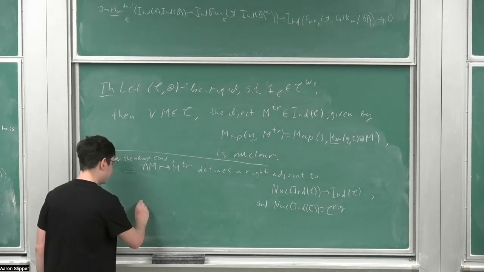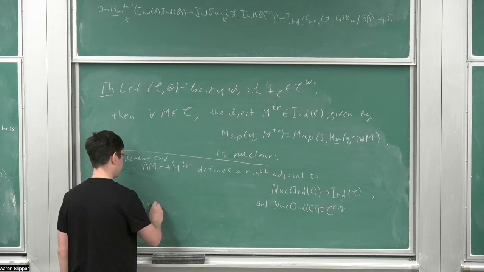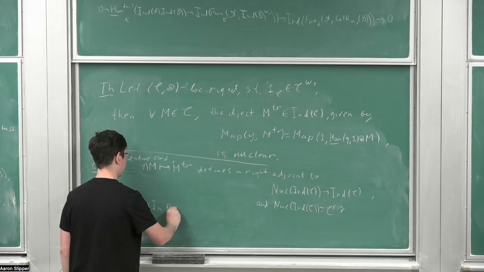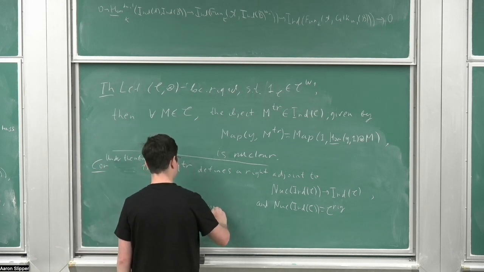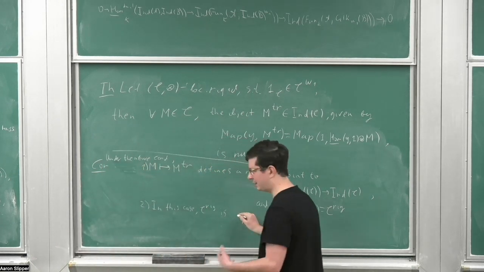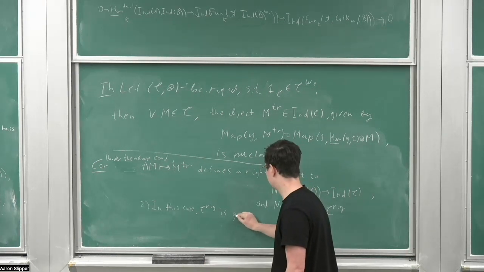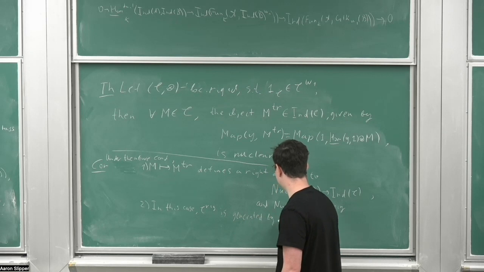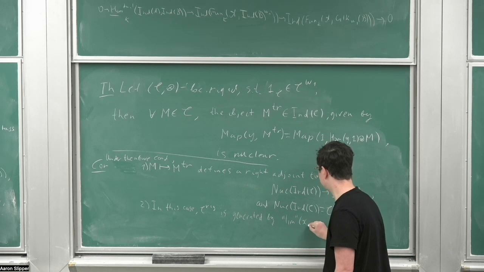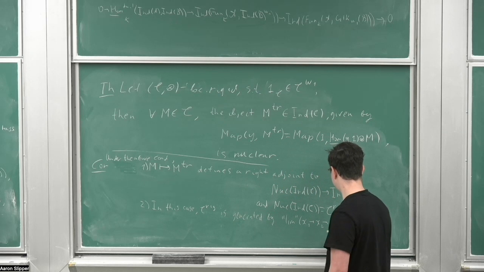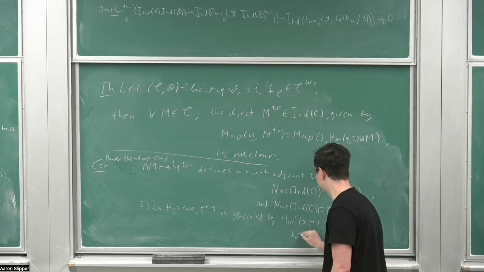And so in particular, in this case, C rigid is generated by formal elements, sequences x1 and so on, maps from one with trace class.